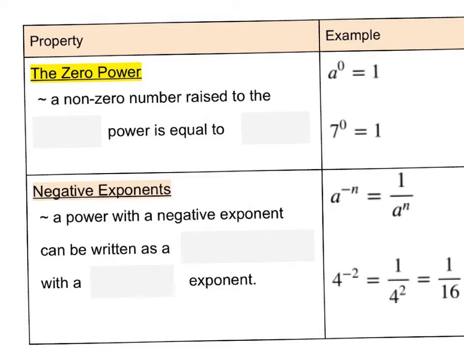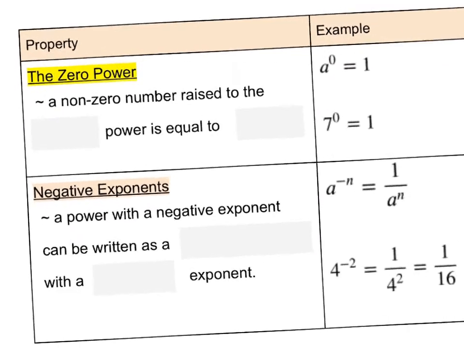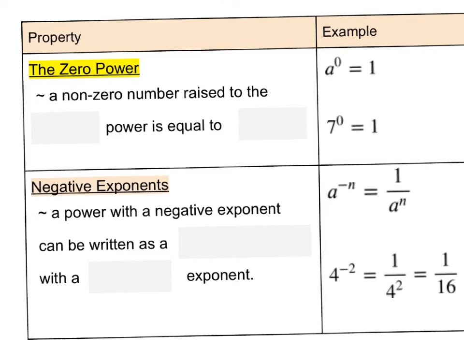A zero power. Yes, it is possible that zero can be the exponent. So the property says a non-zero number that's raised to the zero power is equal to 1.